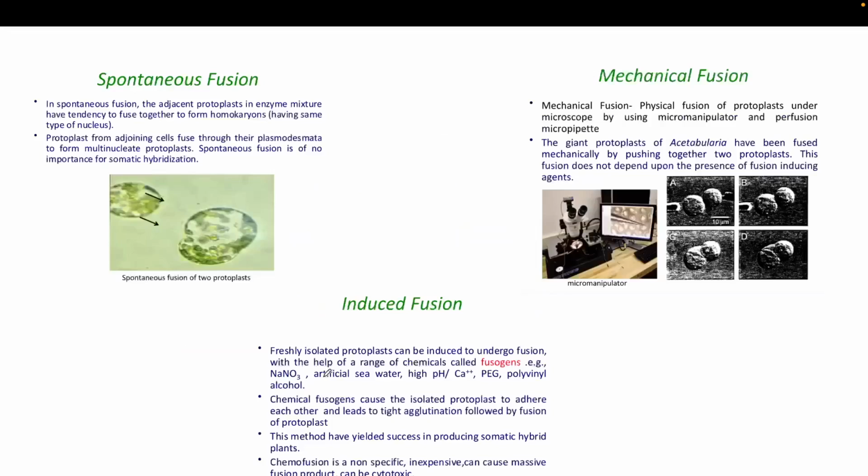In the spontaneous method, when two protoplasts are kept together, the adjacent protoplasts in the enzymatic mixture have a tendency to fuse together, to form either a homokaryon or a heterokaryon. In spontaneous fusion, there are more chances of homokaryon production, because two cells of the same species have the capability to fuse together.